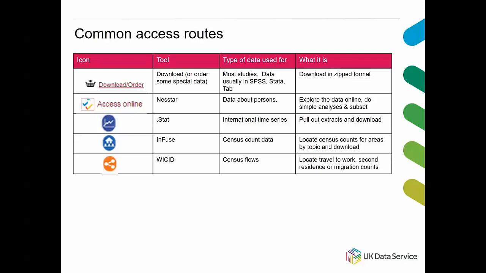So you can view and analyze data online without needing to have any statistical software on your computer. The International Time Series data can be analyzed with the UKDS.Stat software. Again, this is an online tool and you can access it from our website. The census count data can be analyzed with Infuse, and census flows can be analyzed using our WICID software.